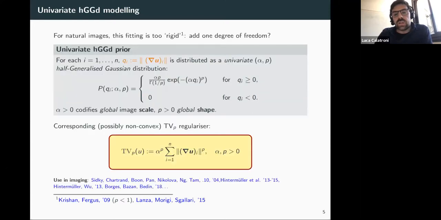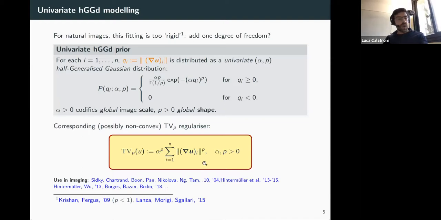For those of you working on sparse optimization, that shouldn't be surprising, because if we carry on with our derivation following what I've mentioned before, what you end up with is an image regularizer which is quite similar to TV, apart from the fact that the gradient magnitudes have an exponent, which is exactly the p exponent I mentioned before.